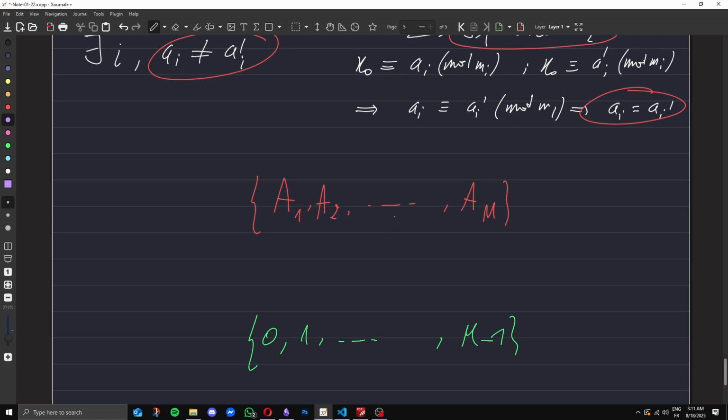Because remember, this is the range 0 to m minus 1. So there's going to be a unique solution in this set right here. And we just proved that that one solution cannot be the solution of two systems. So this cannot happen. So that means there's a bijection here. Now you don't necessarily need this for CRT, but it was very useful for me for understanding the intuition behind the properties of Euler's totient function.